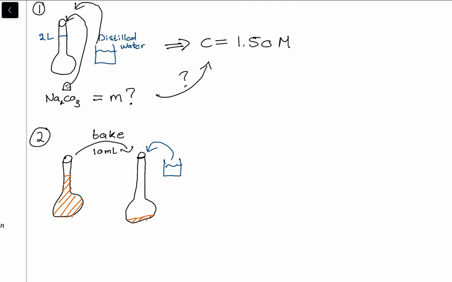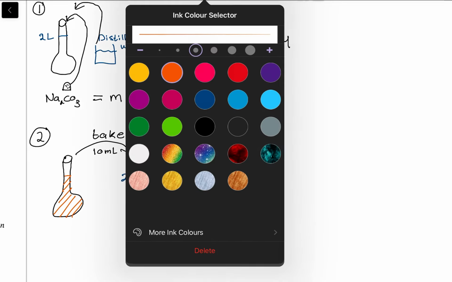What's going to happen? You can immediately see, you had a very intensely colored orange solution, and you only took 10 milliliter of it. Now you're going to add water up to, let's say, again the 2 liter mark. What's going to happen to it? It's going to dilute.